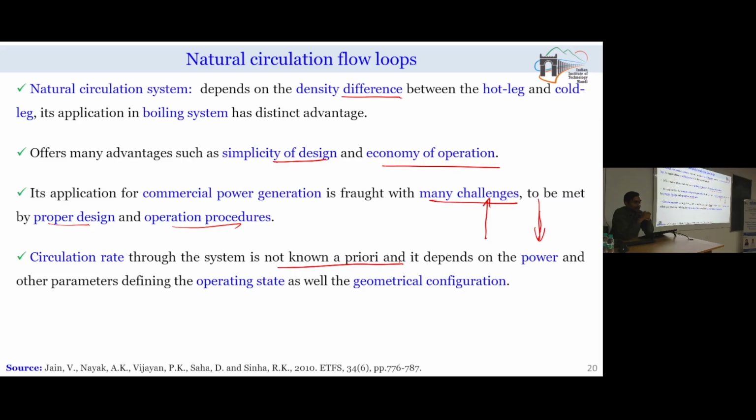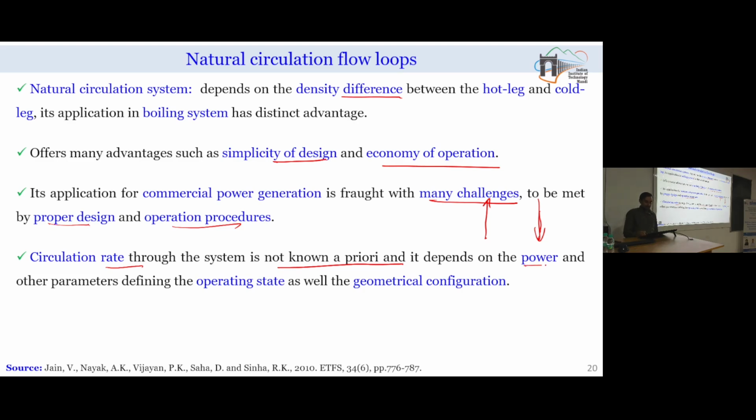But if you use a natural circulation loop, you will keep on heating it. You will not know in advance at what point of time flow will initiate and how much flow rate we will get once the natural circulation loop has started. So flow rate is not known in advance. This is one of the major disadvantages.